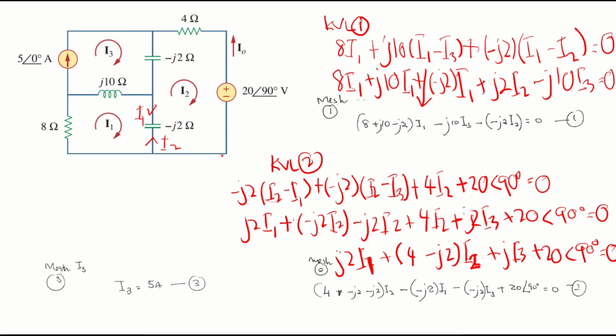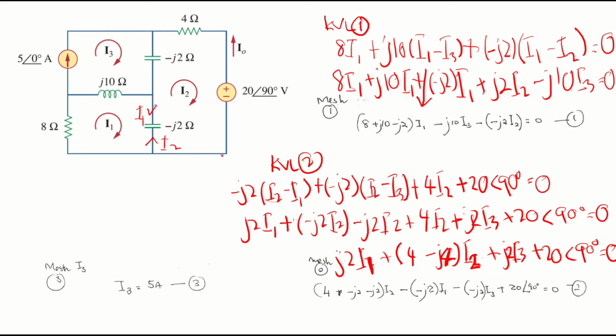So basically it's the same. We got J2 I1 over here, and then 4 minus, my mistake, because there's J2 over here and another J2 over here, minus J2 we got minus J4 I2, and then plus J2 I3, which is the same over here, plus 20 angle 90 degrees equal to 0.